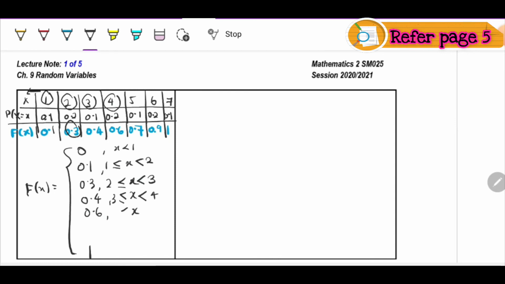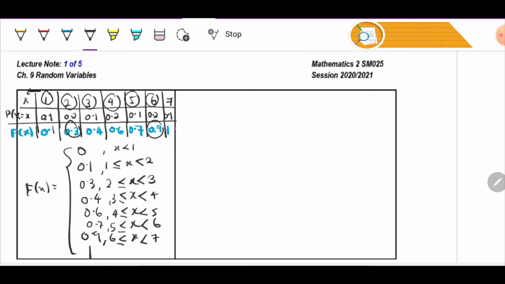So x is greater and equals to 4 but less than 5. F5 is 0.7. X is greater and equals to 5 but less than 6. F6 is 0.9 and x is greater and equals to 6 but less than 7. And finally, 1 when x is greater and equals to 7.